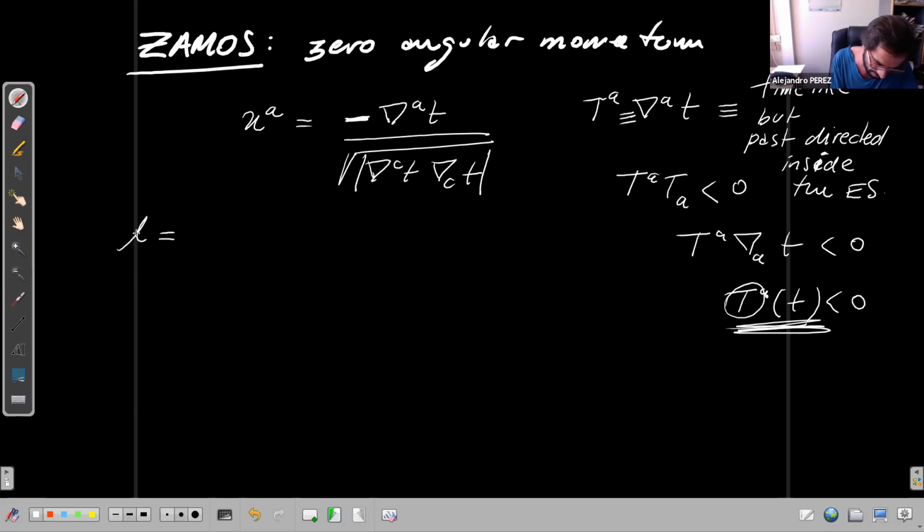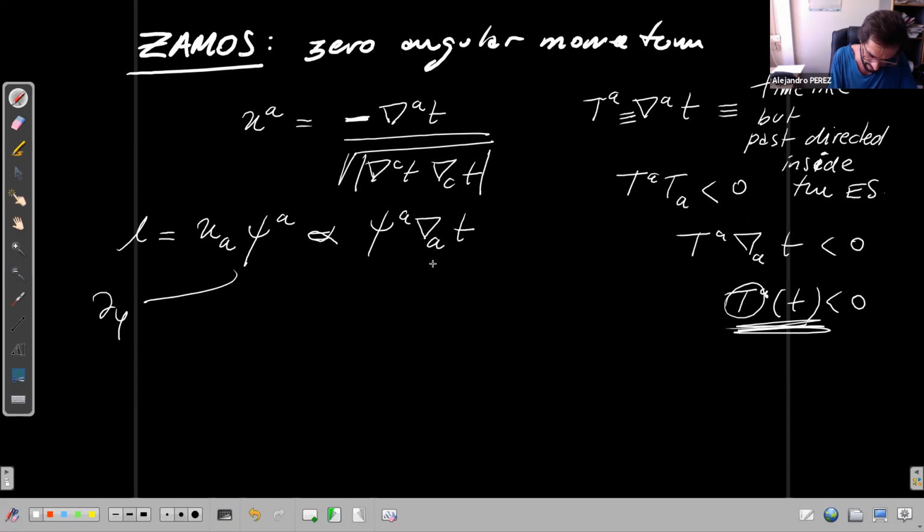So if you compute the angular momentum of these guys, which remember is the inner product between their forward velocity and the d by d phi Killing field, then you find this is proportional to psi^a grad_a of t, right?